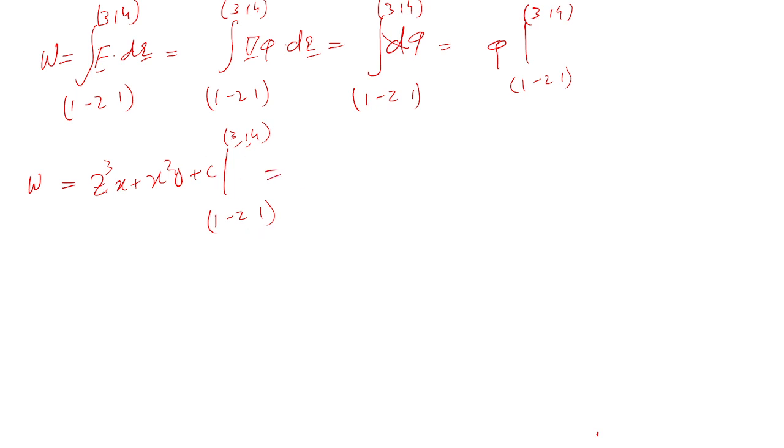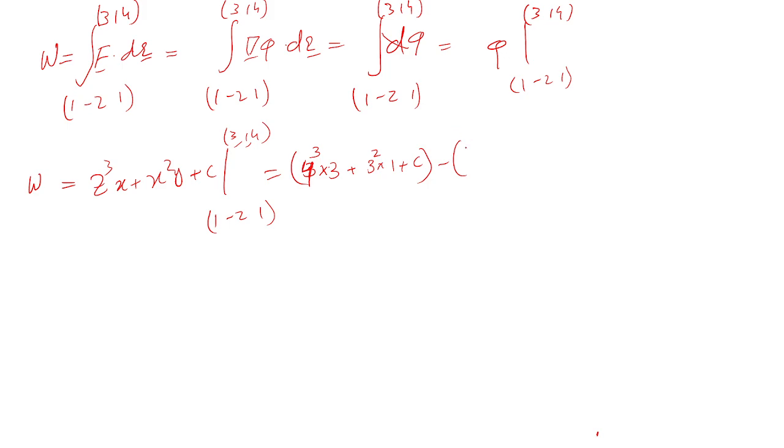Putting the upper limit, z is 4, so 4 cubed, and x is 3, so multiplied with 3, plus x squared, that is 3 squared, multiplied with y, which is 1, plus c. That is the upper limit minus the lower limit.